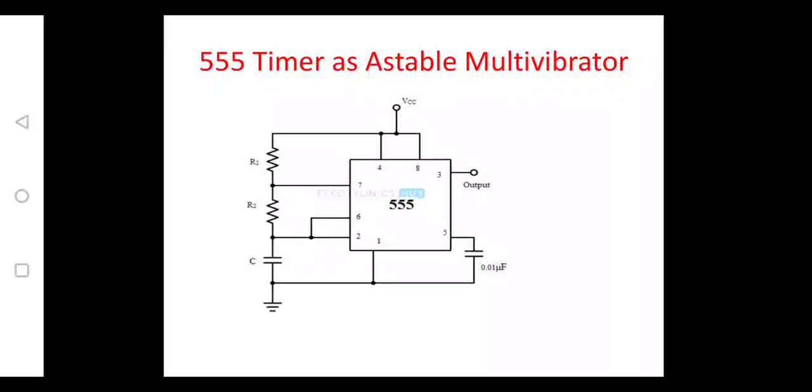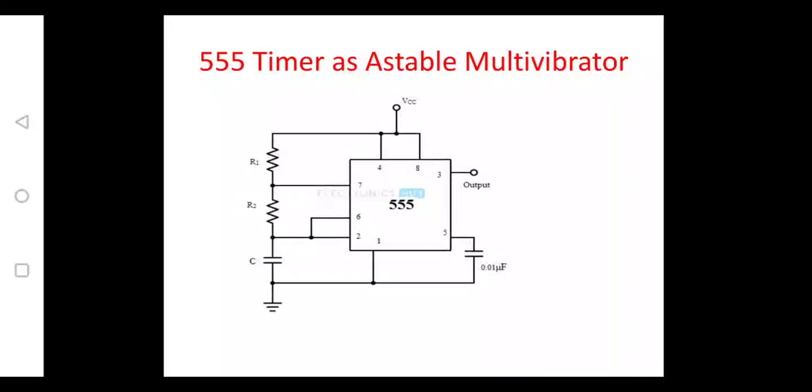Quasi-stable state itself indicates that depending upon RC values, it automatically changes its states from a lower value towards a higher value. This is the pin diagram of an astable multivibrator. In order to use the 555 timer as an astable multivibrator, pin number 6 and pin number 2 should be shorted.